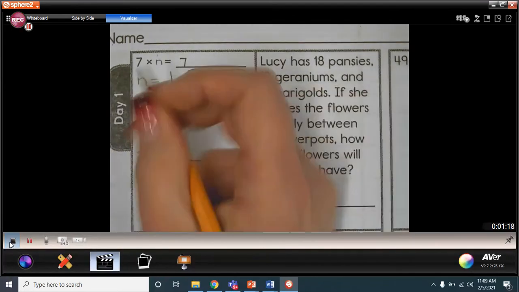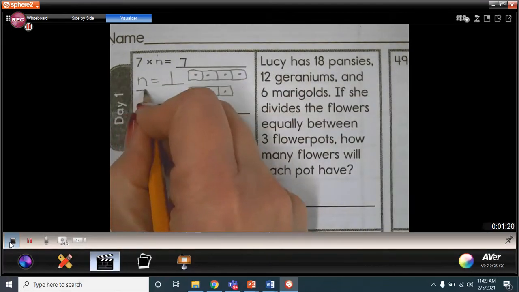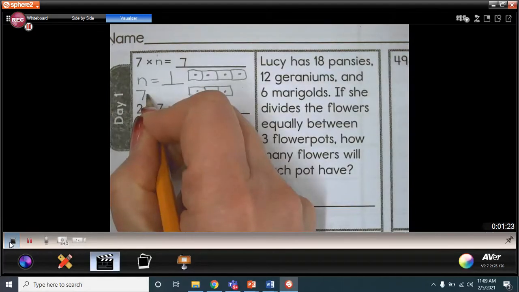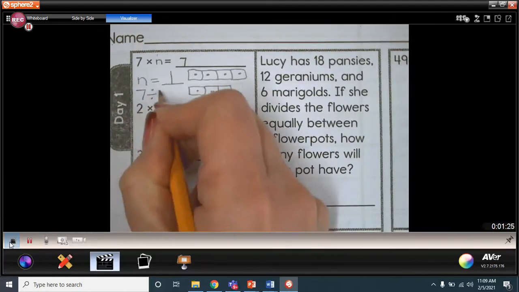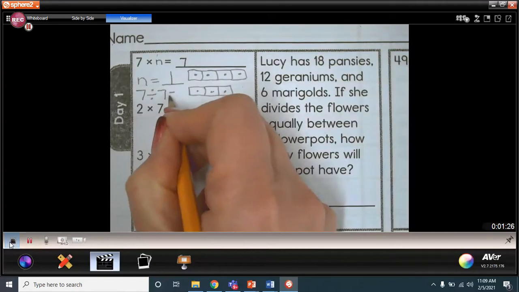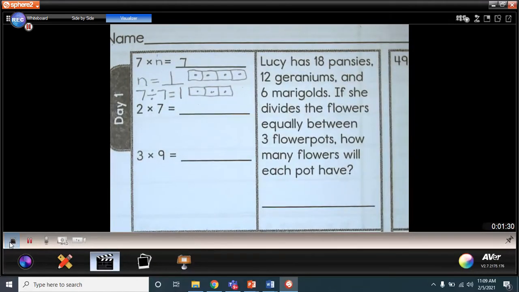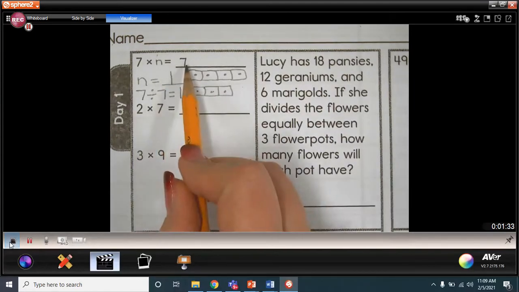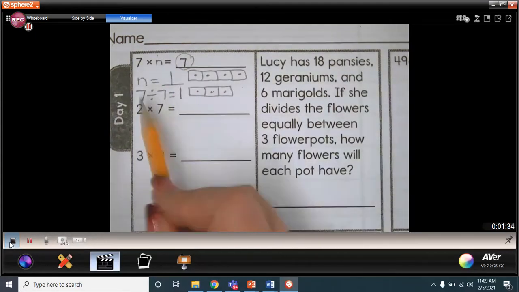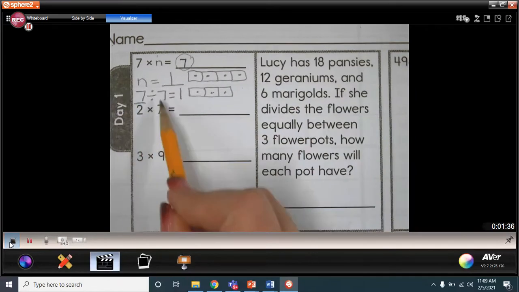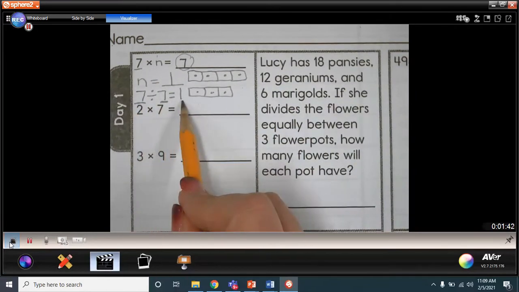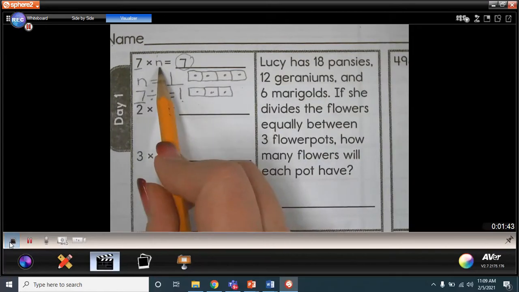Now, what I also could think about is if I have 7 objects and I have 7 groups, how many objects will be in each group? Well, that's 1. So we can use what we understand about division with the total objects, breaking it apart into the groups and finding out how many objects are going to be in each group.